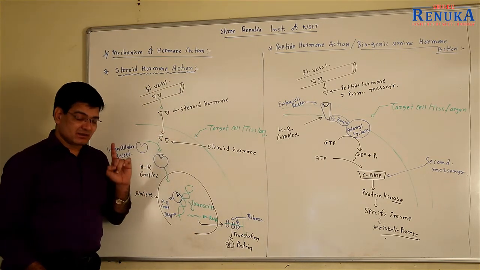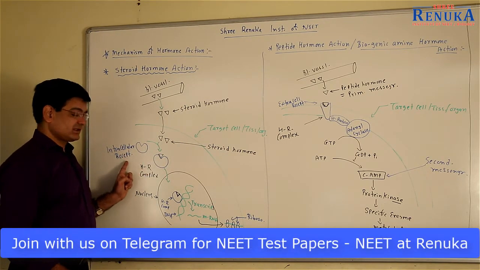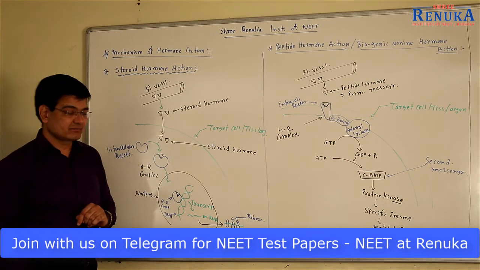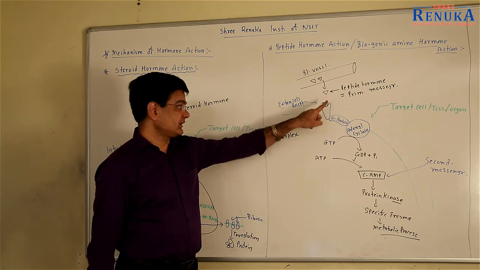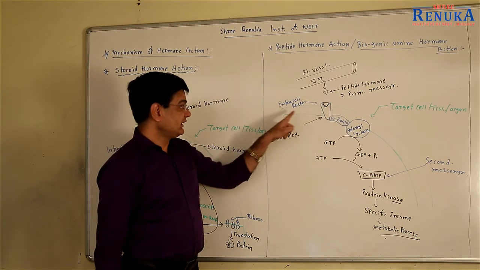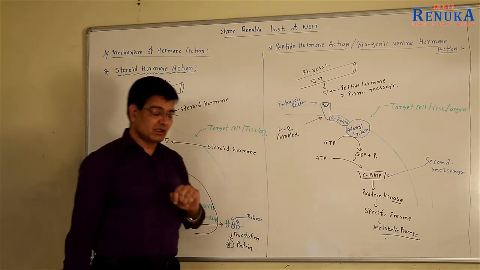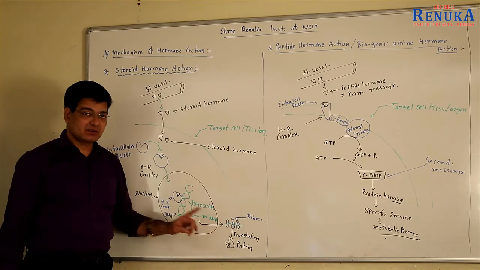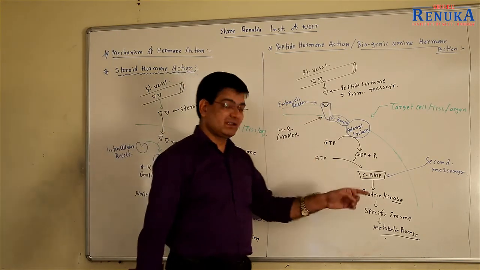Second point, the receptor for the steroid hormone is an intracellular receptor present within the cytoplasm of the target cell, whereas the peptide hormone receptor is a membrane bound receptor, it is present as an extracellular receptor. Third point, the main processes are transcription and translation over here. The main process is the cascade mechanism over here.